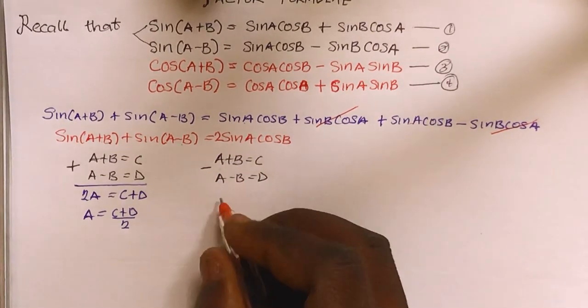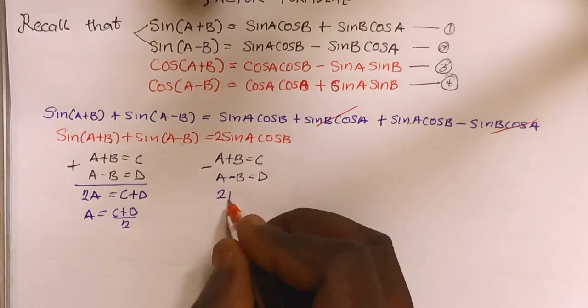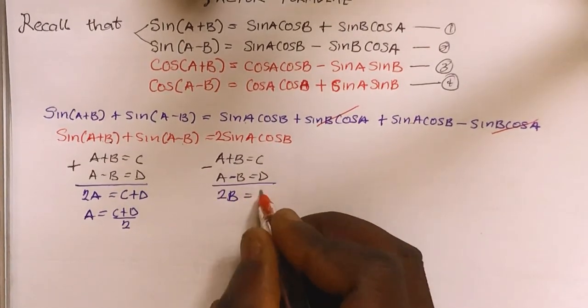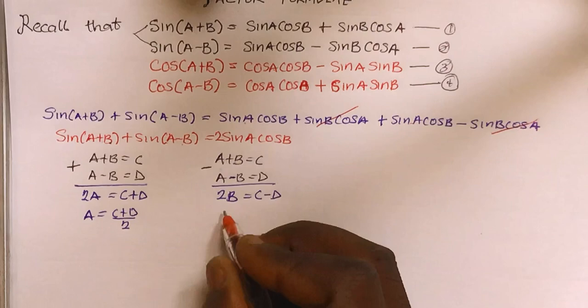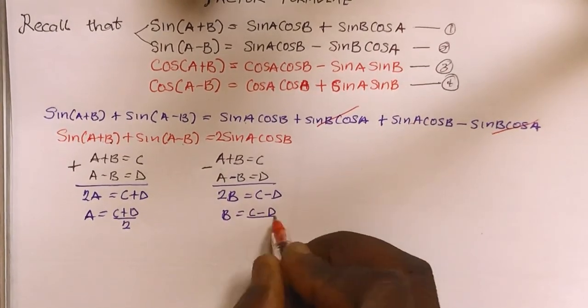If I choose to subtract, I'll have 2B equals C minus D, so B equals C minus D divided by 2.